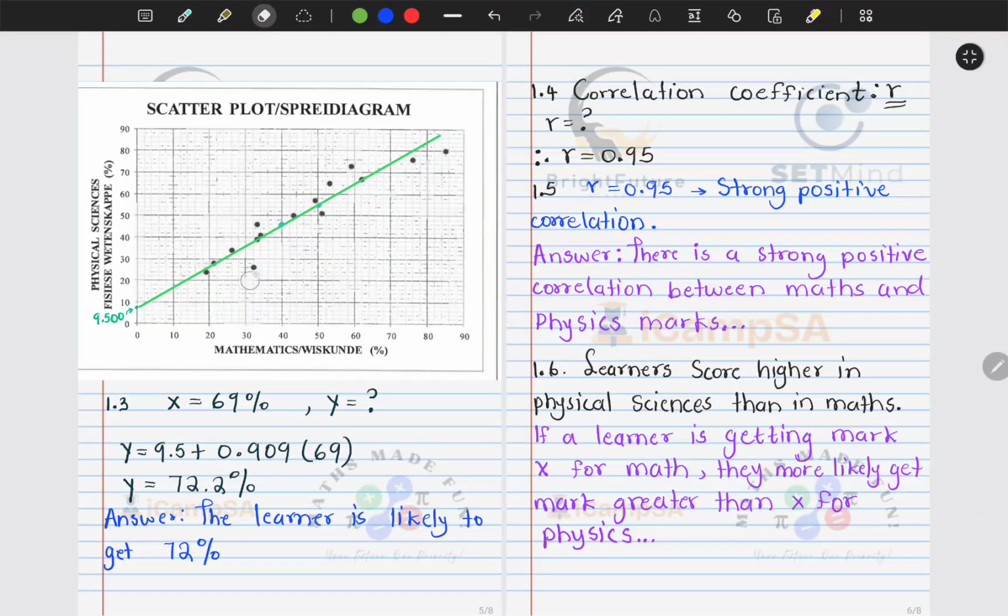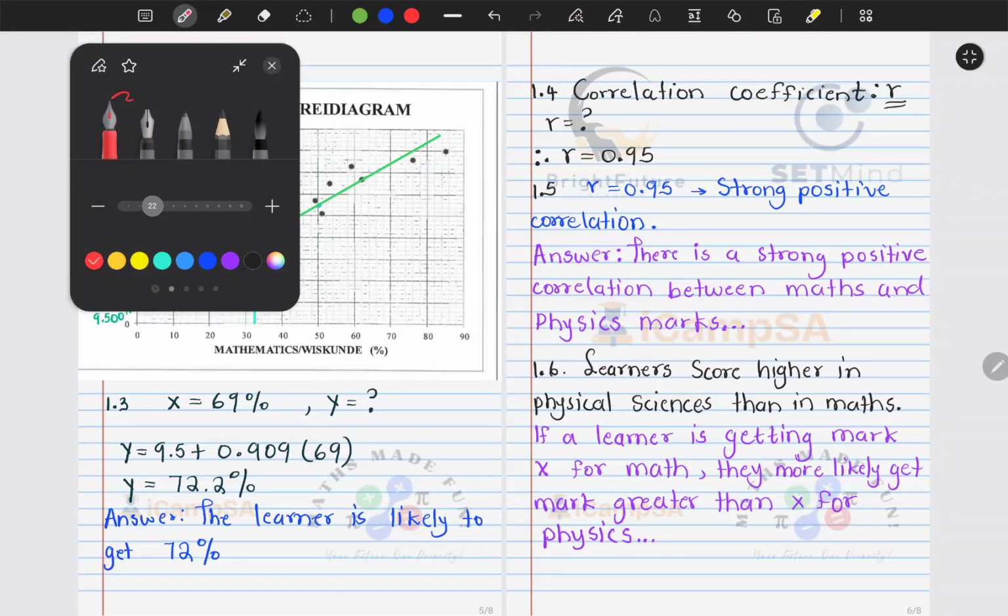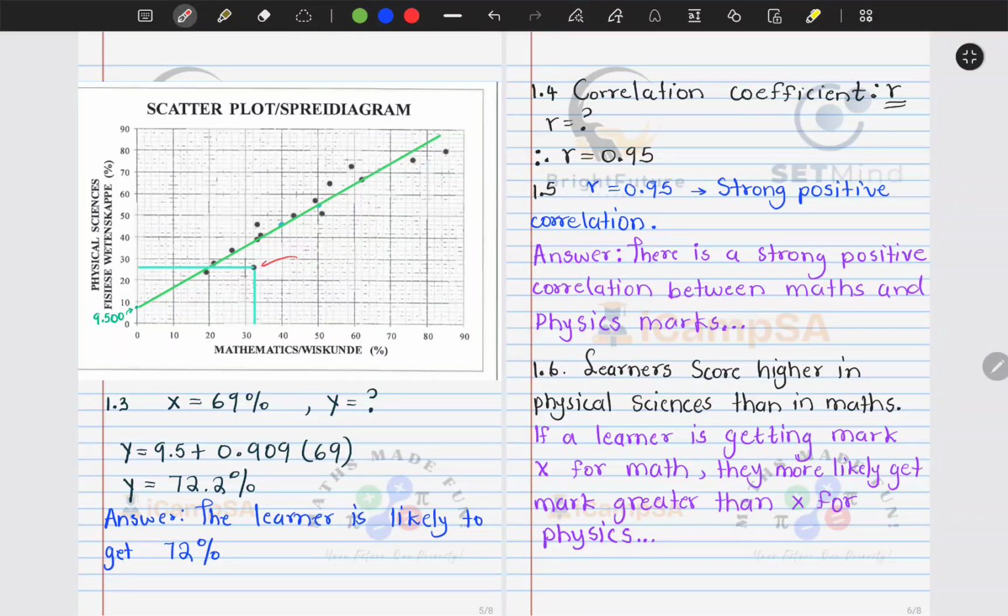So maybe let's note it. If you look at this learner here, who got just above 30 but got just below 30 for physics, such learners do exist and they are exceptions. You see this one here is a higher maths mark.